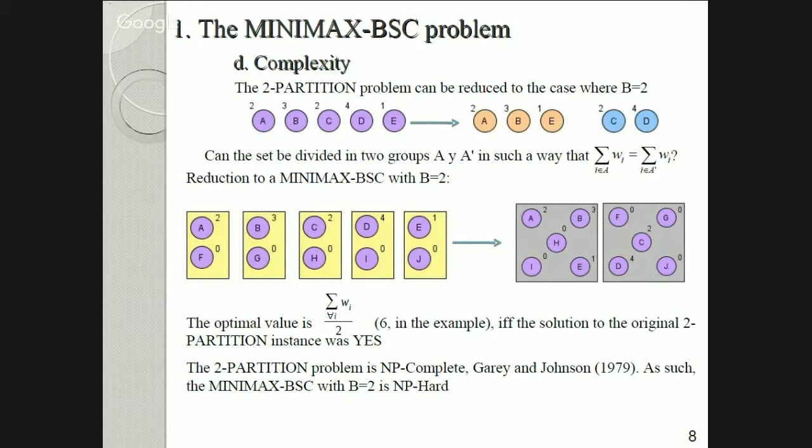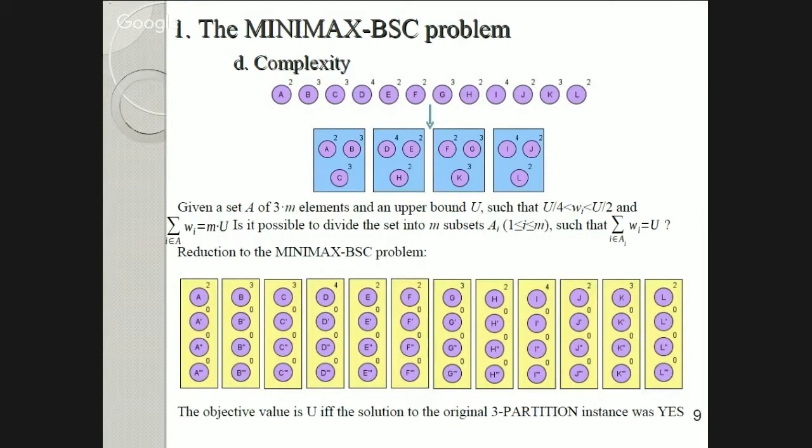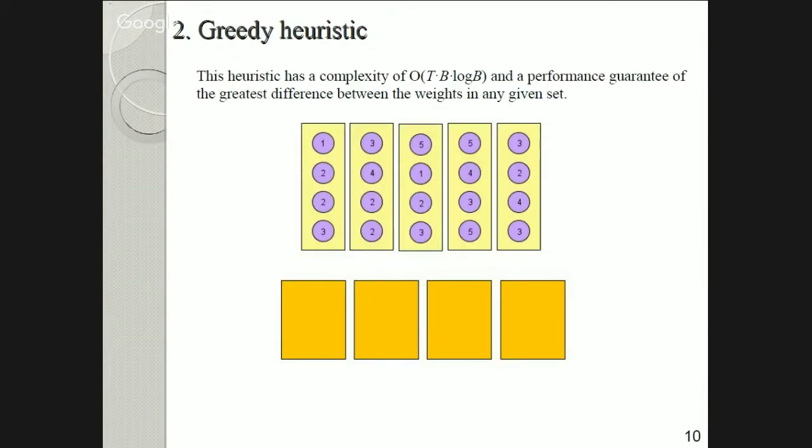So as the two-partition problem is known to be NP-complete, our problem is NP-hard even in this particular case. And a very similar reduction can be done for the general form of the problem to a three-partition problem. And as the three-partition problem is known to be NP-complete in a strong sense, then our problem is NP-hard in a strong sense.